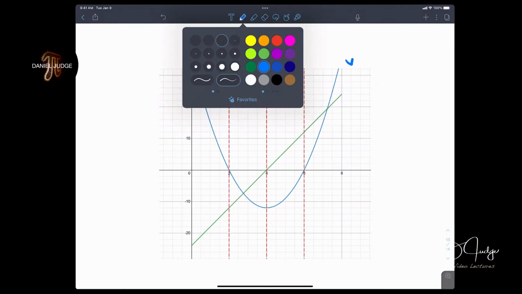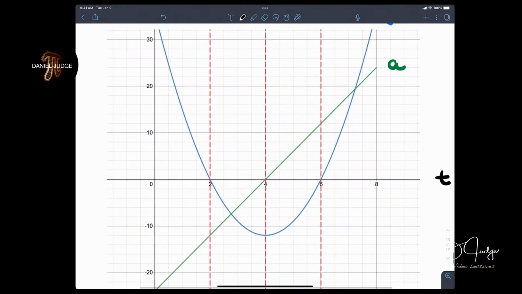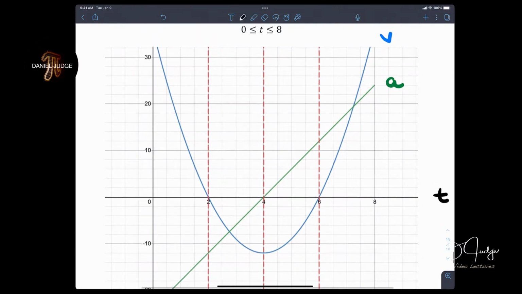In green, I have the acceleration curve. Now, this is a time axis. And so every point on the curve is a point for either acceleration versus time or velocity versus time.